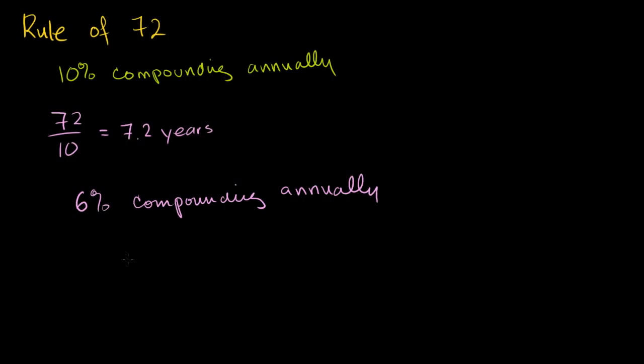Well, using the rule of 72, I just take 72, divide it by the 6, and I get, 6 goes into 72 12 times. So it'll take 12 years for me to double my money if I'm getting 6% on my money compounding annually.